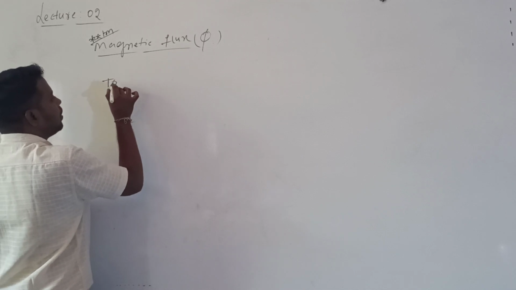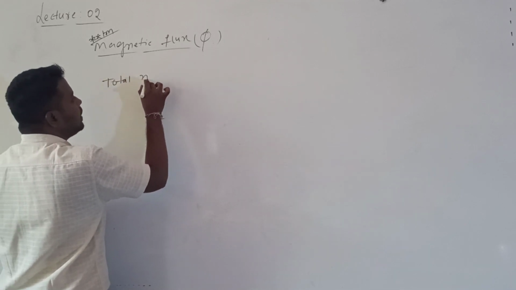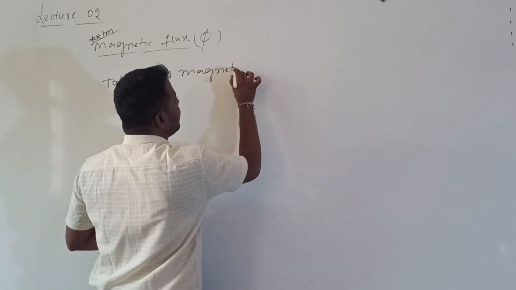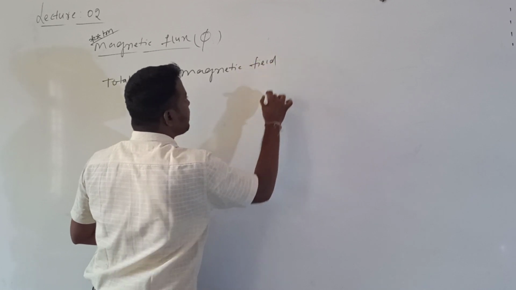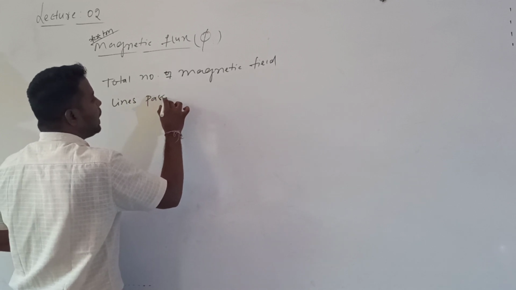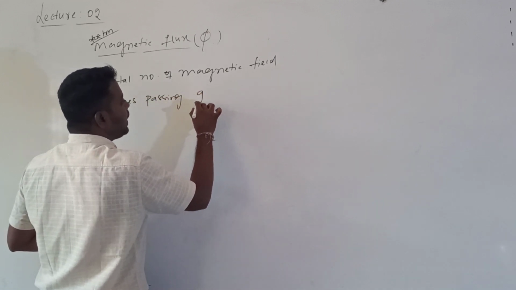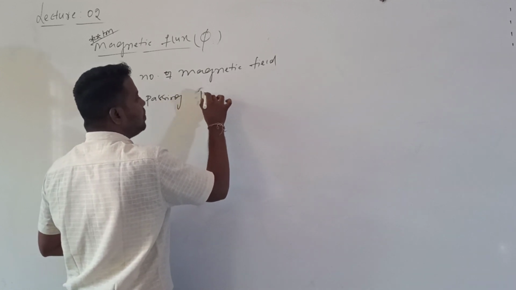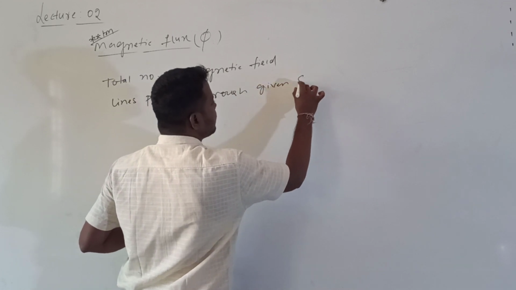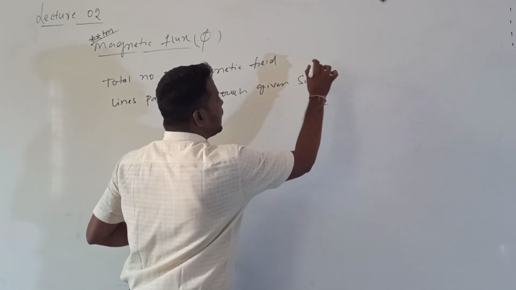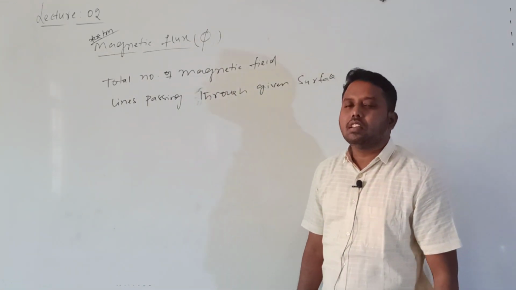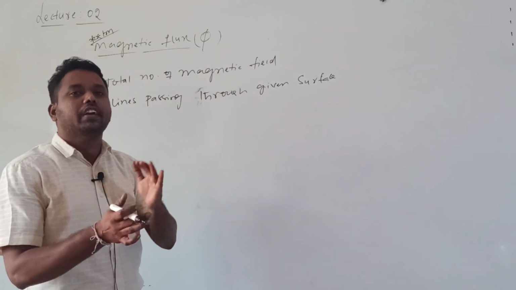It is a measure of the total number of magnetic field lines passing through a given surface. So basically, magnetic flux is a measure. What does it measure? How many magnetic field lines.